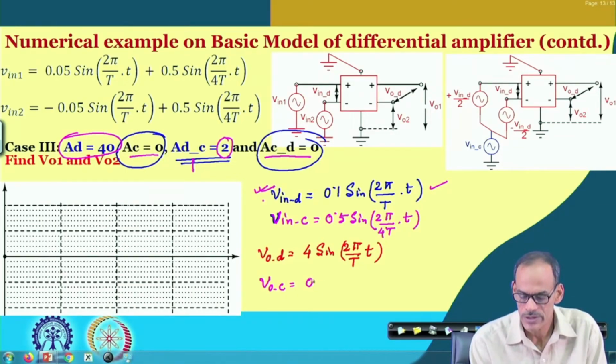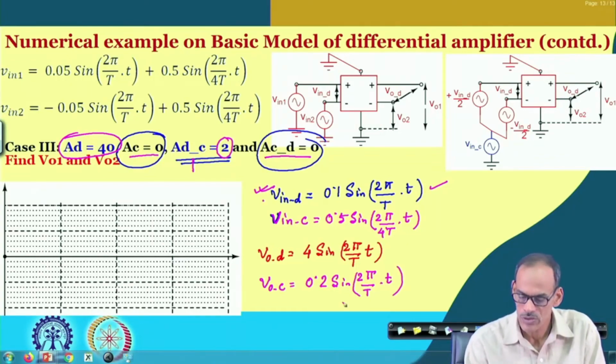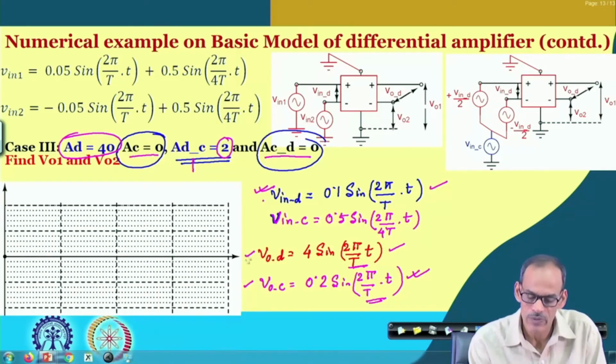So, that means this is 0.2 sin 2 pi by T into small t. Now, here you can see that both the differential part as well as the common mode part have the same frequency, right. But then this is common mode and this is differential.